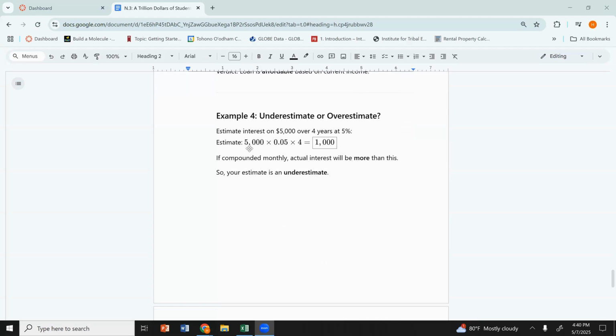So we borrow 5,000 at 5%, so 0.05 times 4, which is 4 years, so that's $1,000. And if this is compounded monthly, actual increase will be more than this. So your estimate is an underestimate.